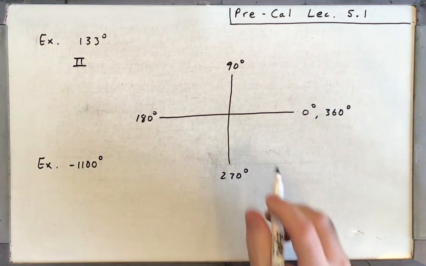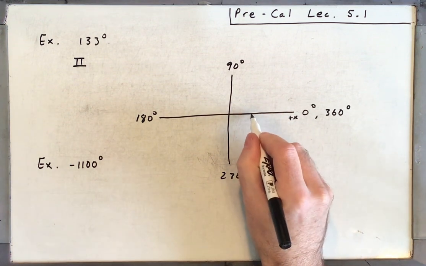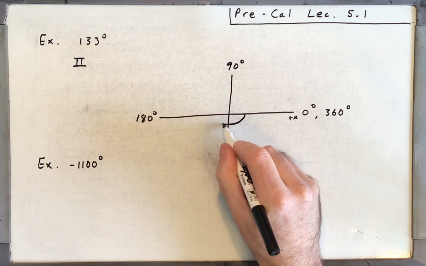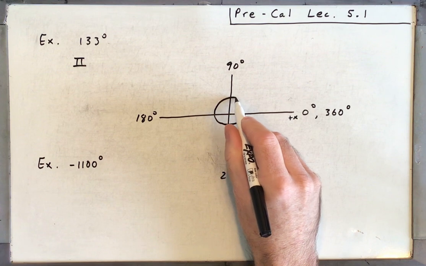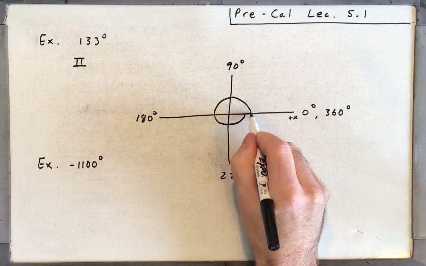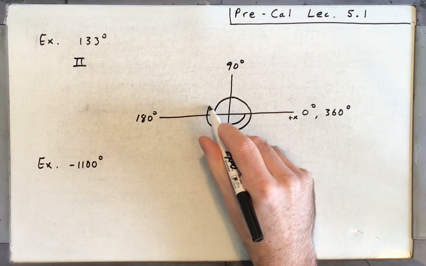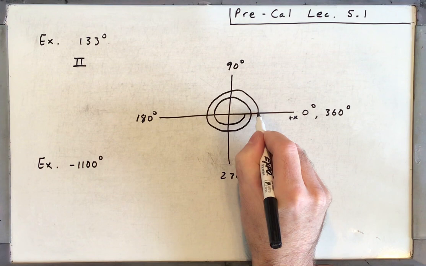Negative 1100. Okay, we're just going to start here at the positive x-axis. That's where we always start. And go around. Okay, so negative 90, negative 180, negative 270, negative 360. We're going to go around another negative 360, so it'd be negative 720.